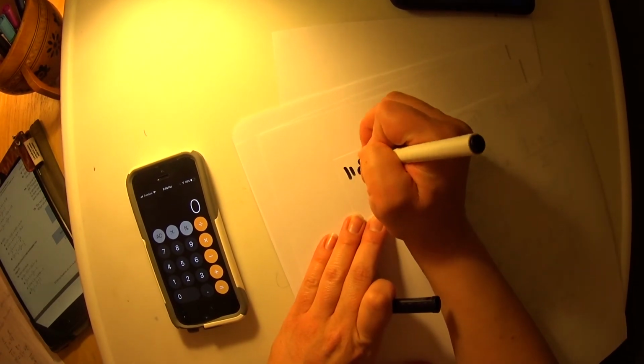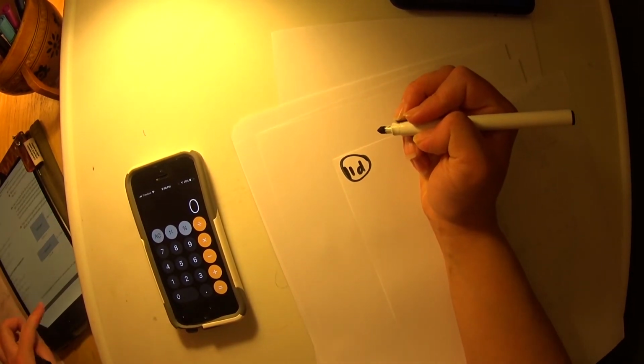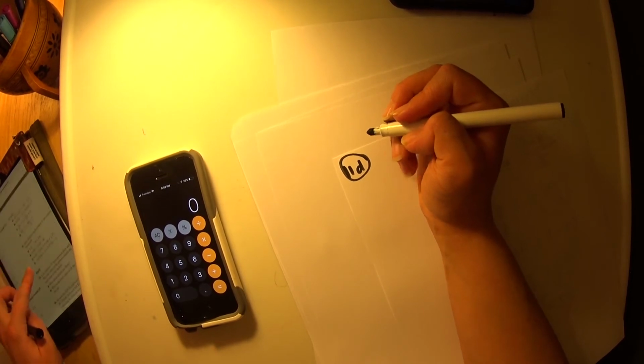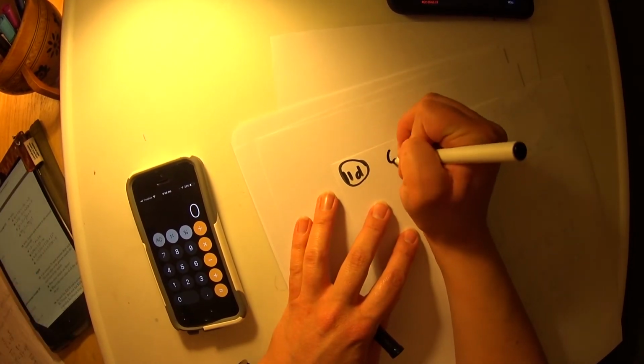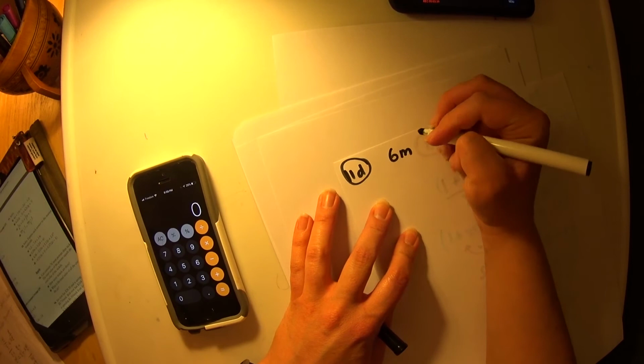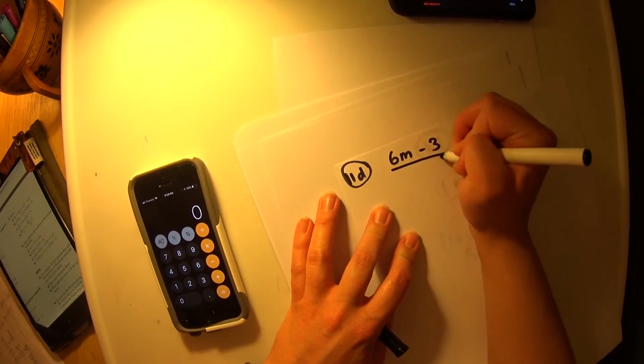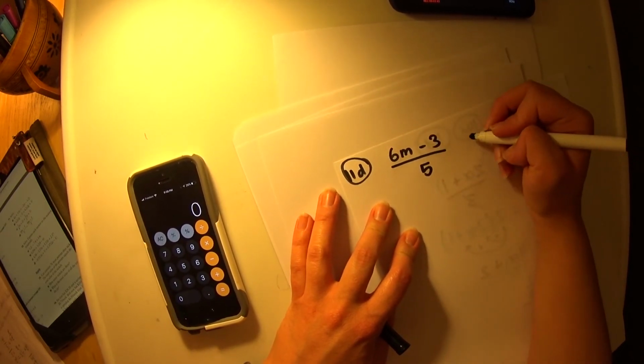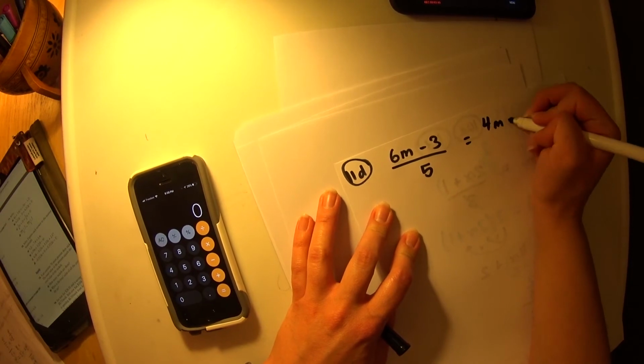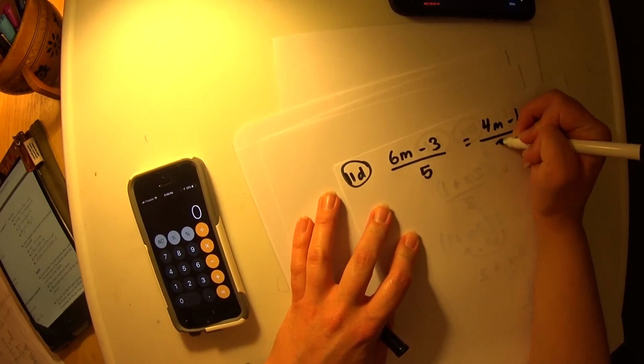Last one, 11D. Let's take a look. What do we got here? We've got (6m minus 3) over 5 equals (4m minus 1) over 3. Same thing again.